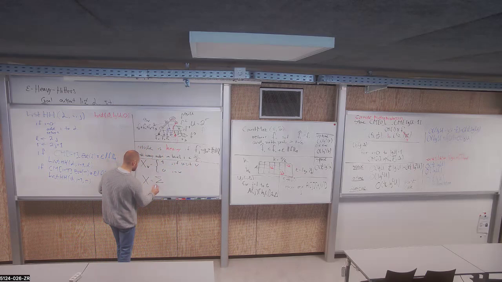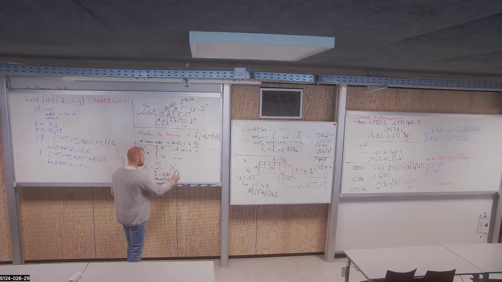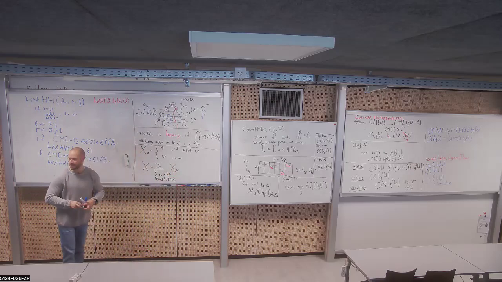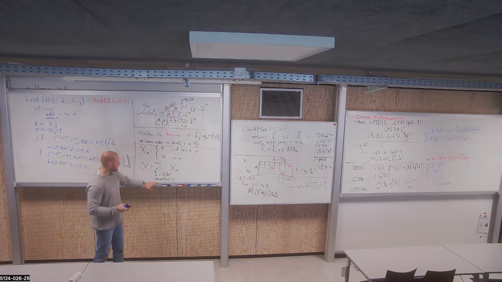And then the thing we want to bound is the sum over v such that v is light and level(v) is greater than or equal to 2 of X_v. Make sense? This is just counting how many light nodes we visit in levels 2 and above.